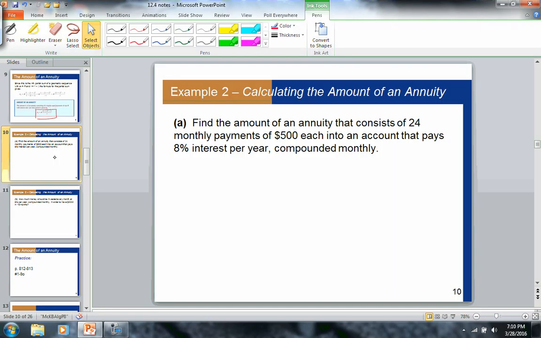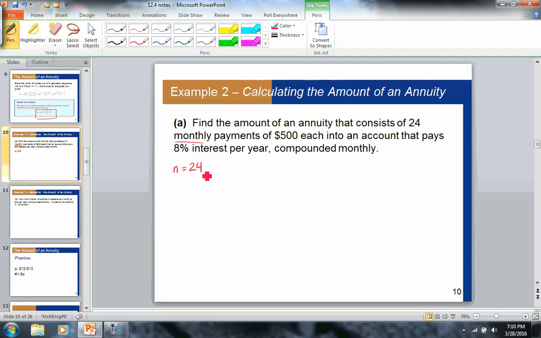So we're going to find the amount of an annuity that consists of 24 monthly payments. It's monthly, so we have to make sure that we're aware of that key word there. So it's 24, that's our number of payments already.